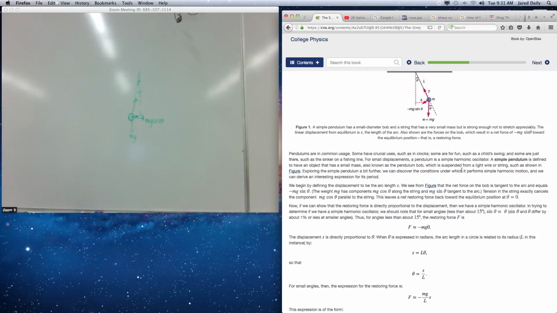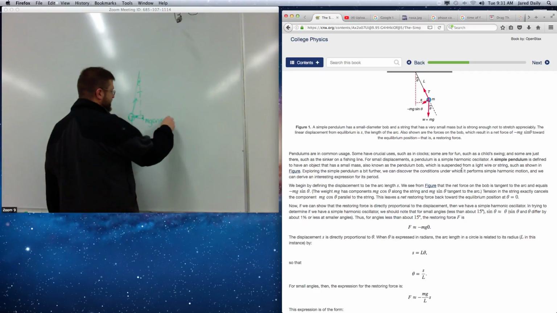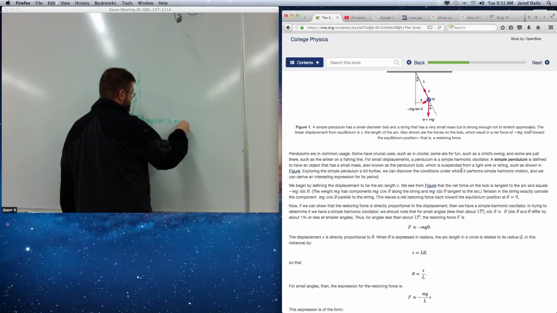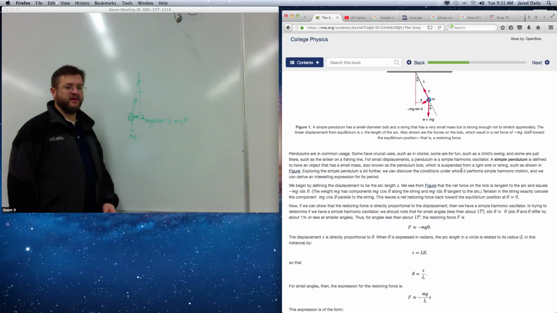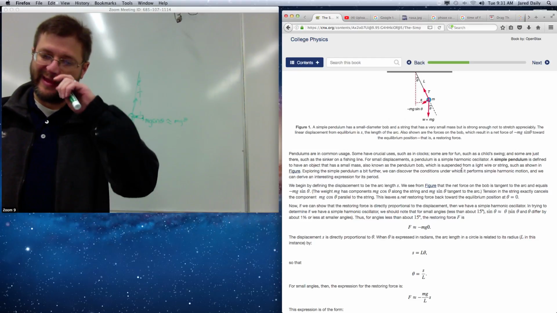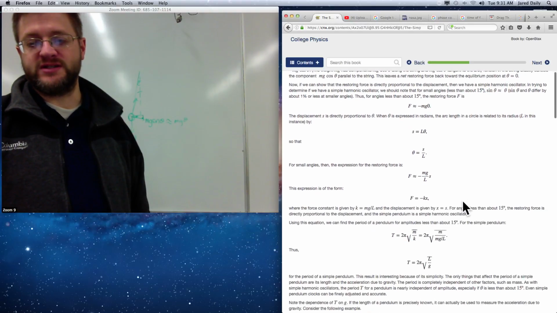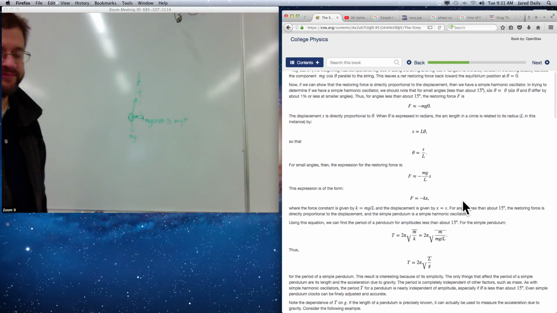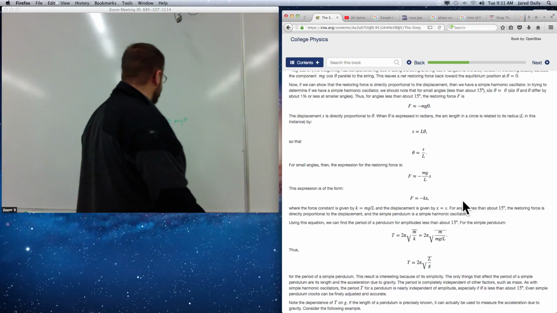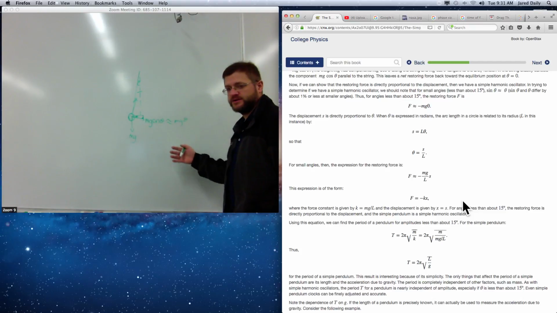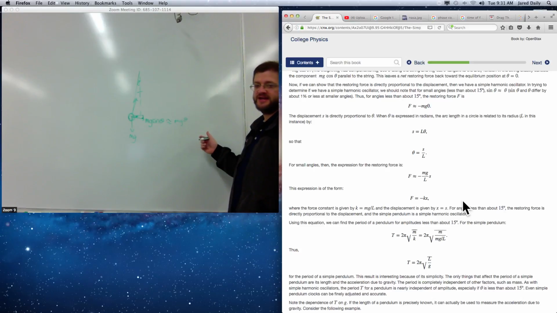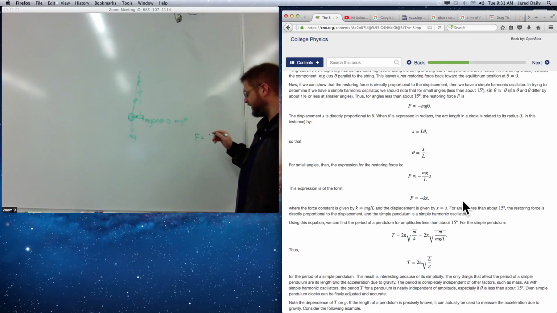Because then your problem looks like this. Instead of mg sine theta, it's about equal to mg theta. Much, much simpler. And then you can go through this process of calculating the forces, and instead of getting something that has a sine in it, which changes all the time, you just have theta in it, and you get the force equaling something that looks like a bunch of stuff that's in here times a distance, x.